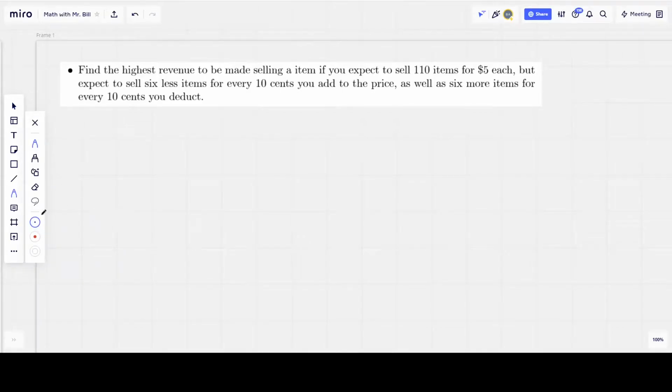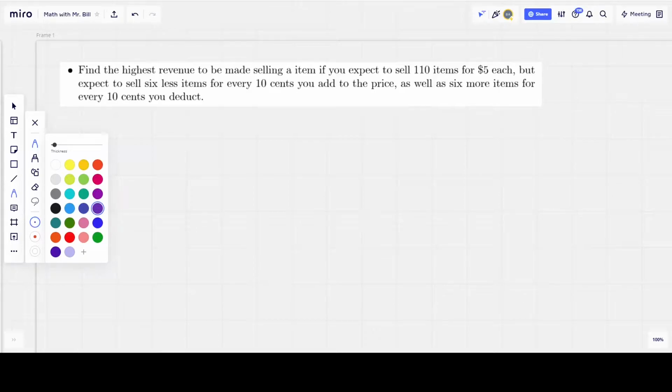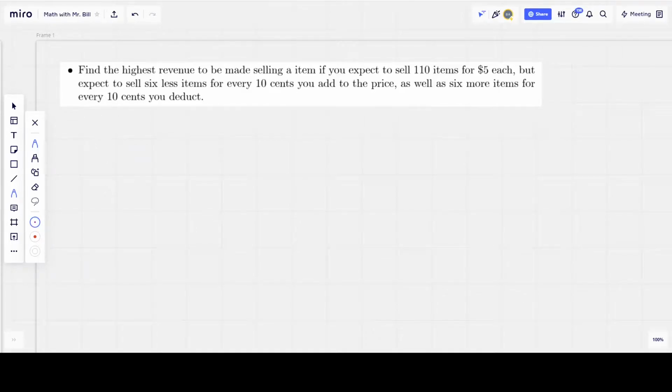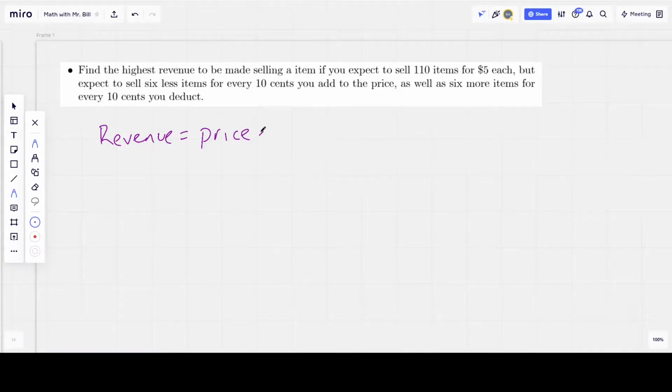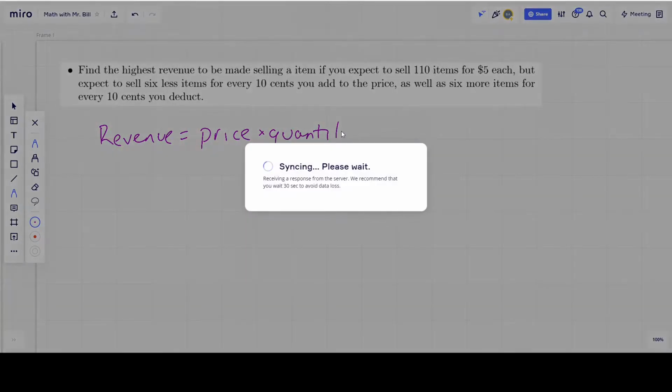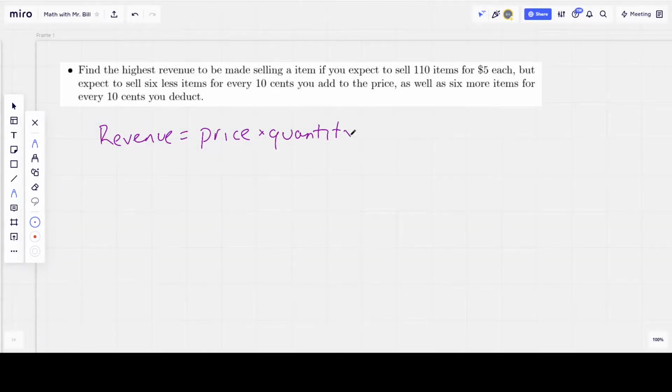So this is something you kind of have to walk in with for a problem like this. And that's knowing that revenue is equal to the price something is times the quantity. Which should make sense based on experience with just basic business.